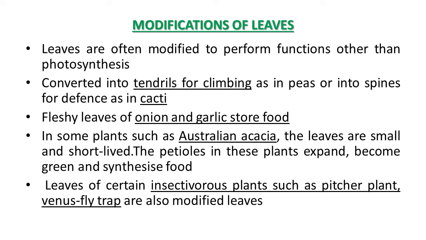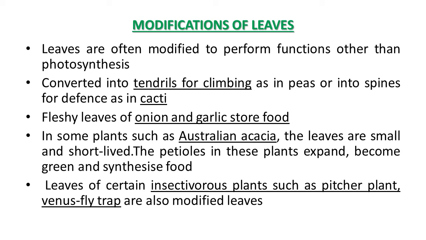In some other plants, some other types of modifications are observed. We talk about Australian acacia. In these plants, leaves are small and short lived, so they cannot fulfill the requirement of photosynthesis properly.